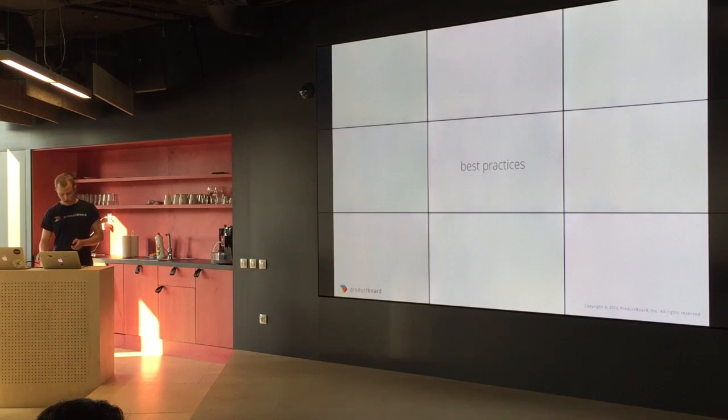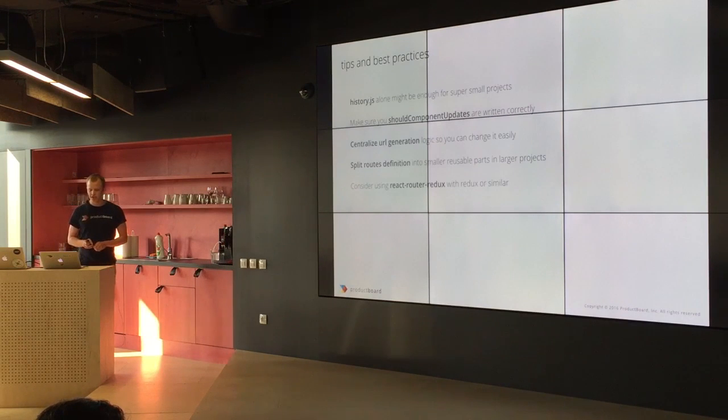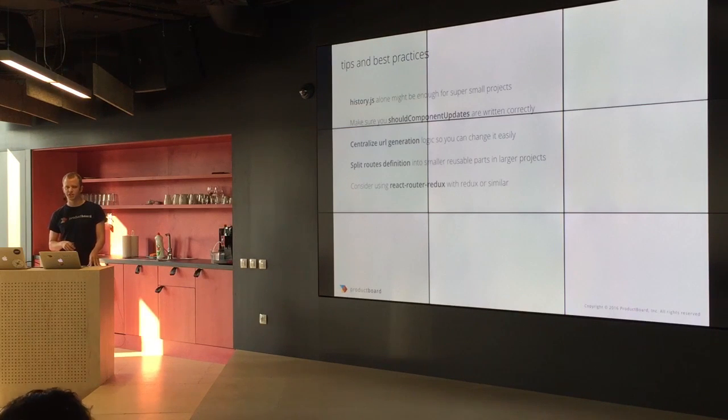So again, some basic tips and tricks. If you are building a very small application, you might not need React router, and you might be quite okay with just History.js doing this yourselves. But if your application is bigger, I would really recommend using something like React router.